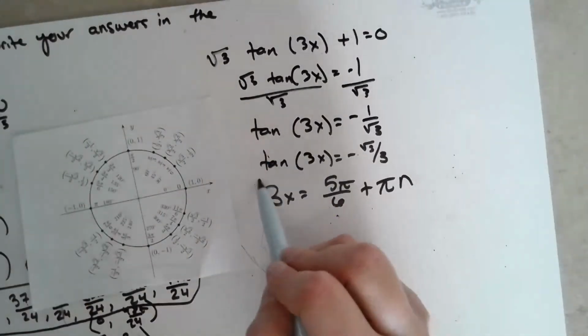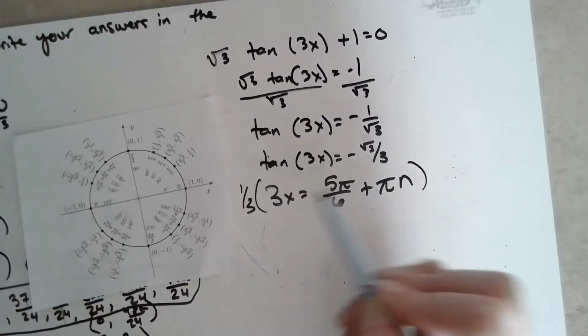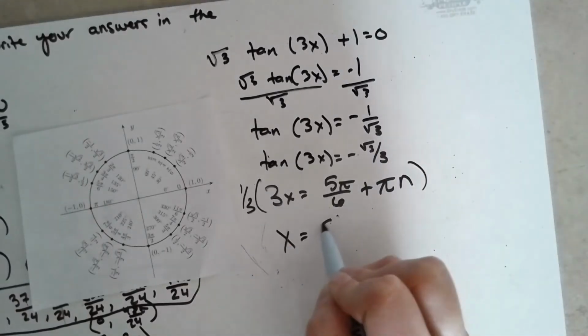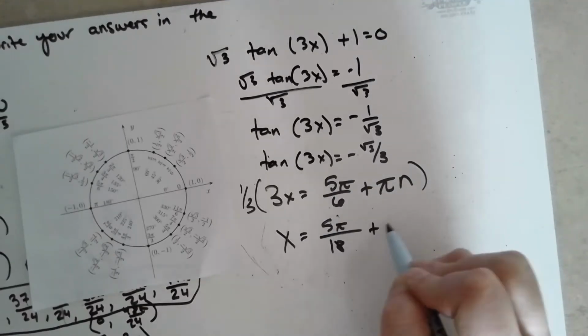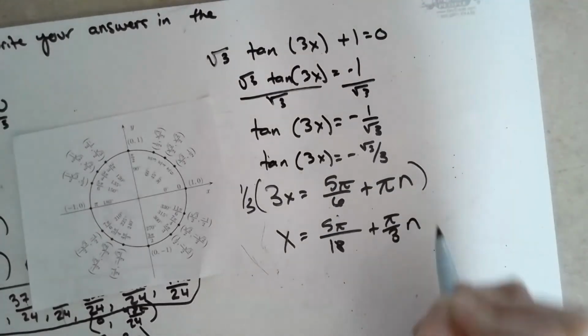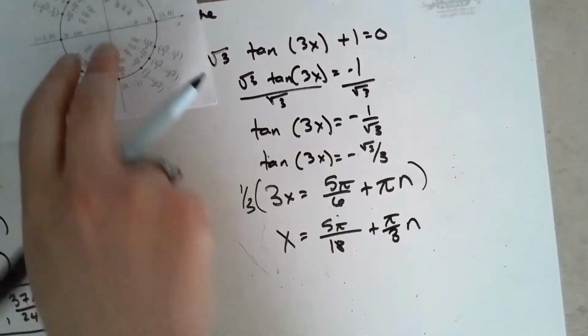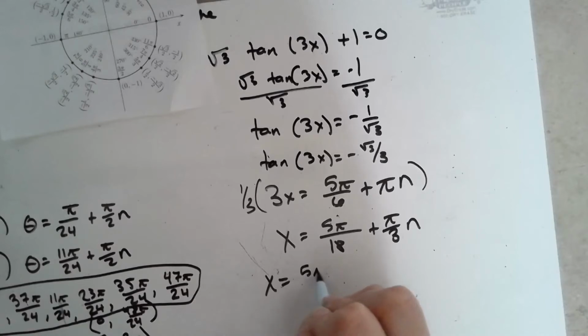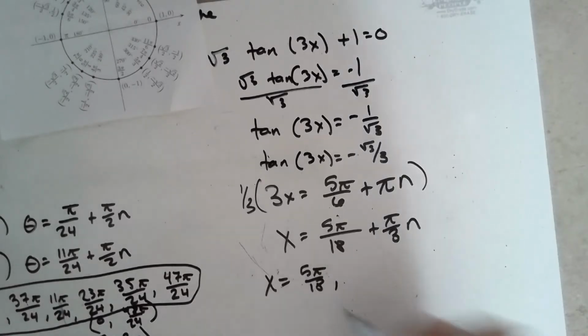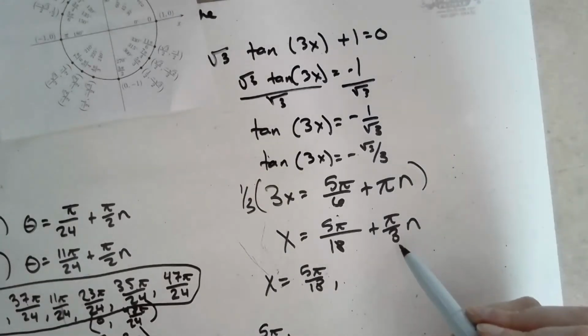Now I'm going to take this and I'm going to third it to get x by itself. So 5 pi 18ths plus pi thirds n. So my answer for x, my first one is 5 pi 18ths. I need to find my next one. So I'm going to take 5 pi 18ths and I'm going to add pi third.